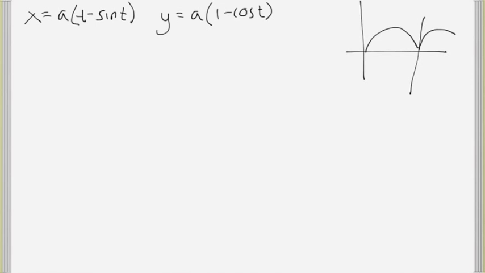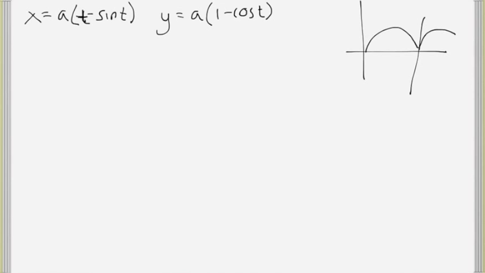Is that a 1 or a t in the x equals? A t. For the x, it's a t. For the y, it's a 1. First, to get a feel for this thing, I would graph it out on the calculator with some different values of a.